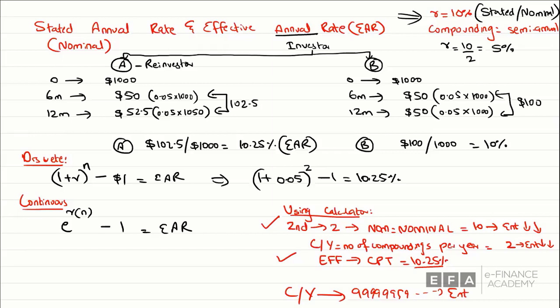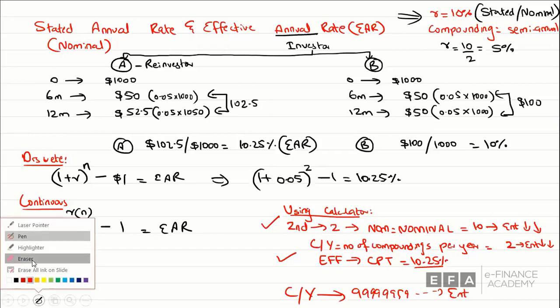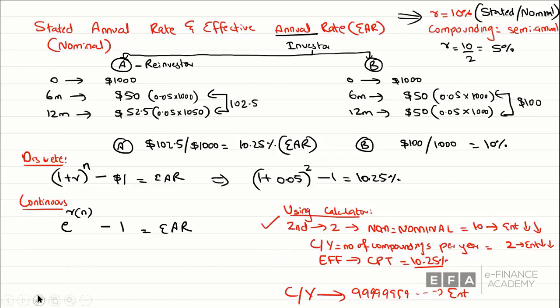So here is the trick you can use, because of course questions are multiple choice. You have the 3 options. You can input the nominal, and then if in option A they tell you semi-annual compounding, you put 2, and then compute the effective and see, does it give you the same answer as the one given in the question?